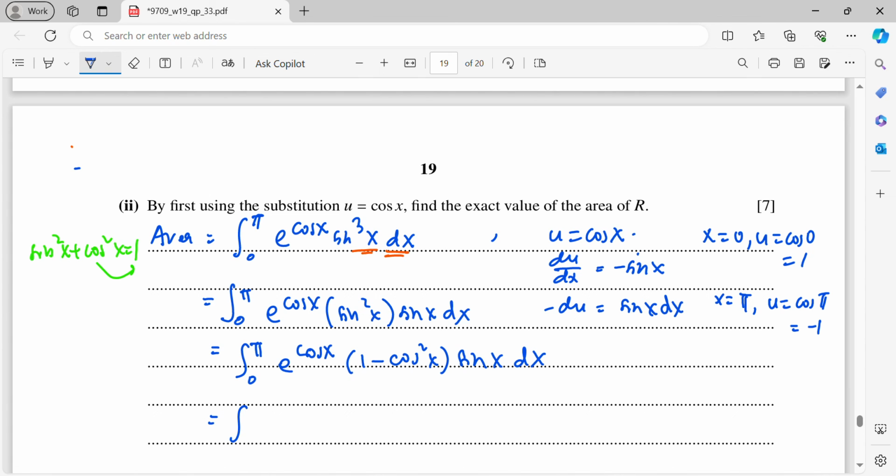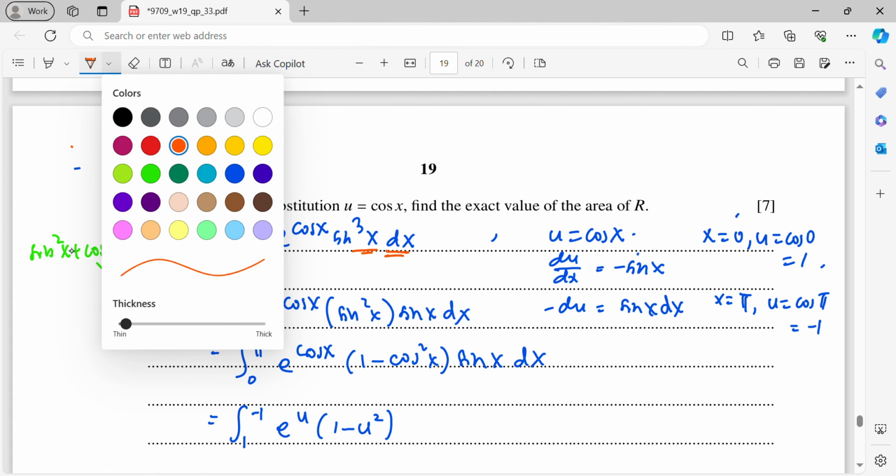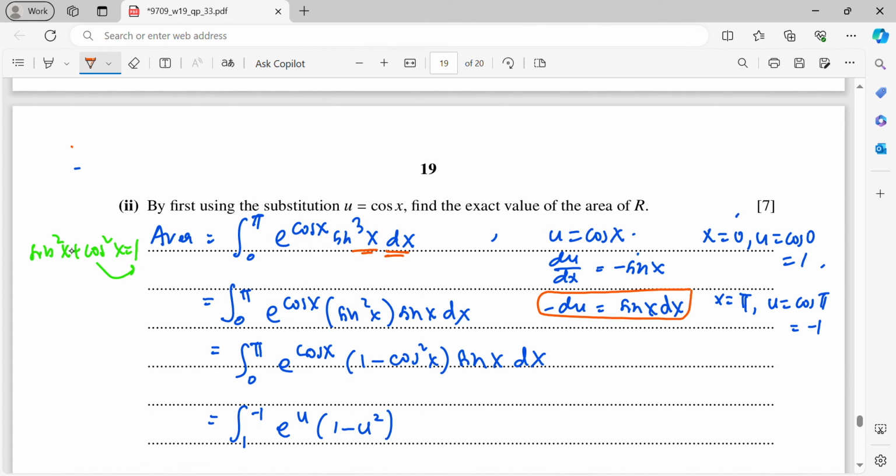Okay, so now since everything is in terms of cos and we also have the sin x dx remaining, I will change to u right now. So look at here, when x is 0, your u is 1. When x is pi, your u is minus 1. Then e^u times (1 minus u squared), and sin x dx is minus du.